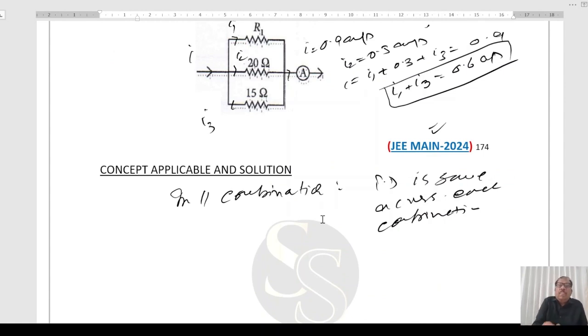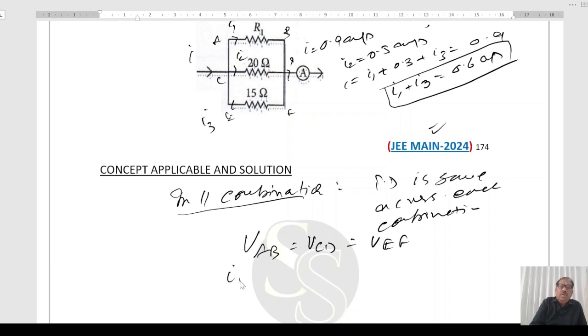In that case, say this is AB, CD, EF. According to this, VAB equal to VCD equal to VEF.